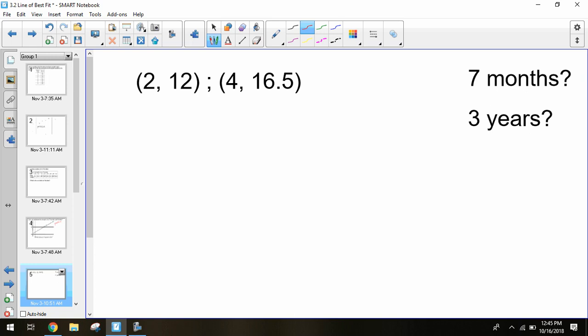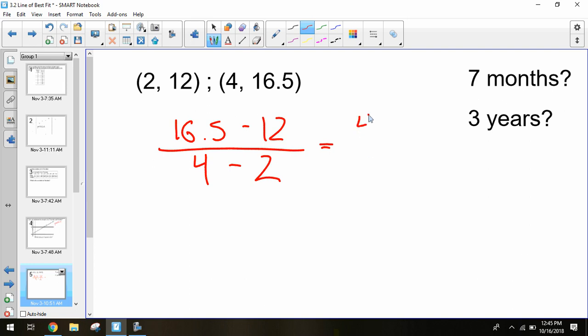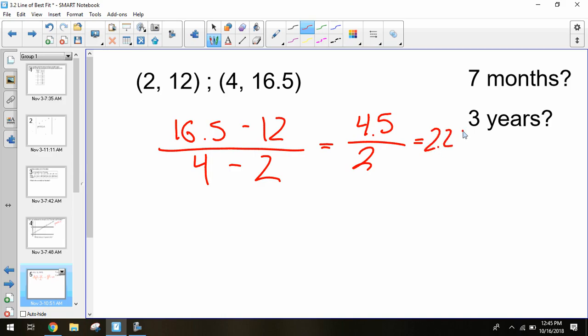So I have 16.5 minus my y1, which is 12, divided by my x2, which is 4, minus my x1, which is 2. 16.5 minus 12 gives me 4.5. 4 minus 2 gives me 2. And then I can simplify this: 4.5 divided by 2 gives me 2.25. That is the slope of my line.